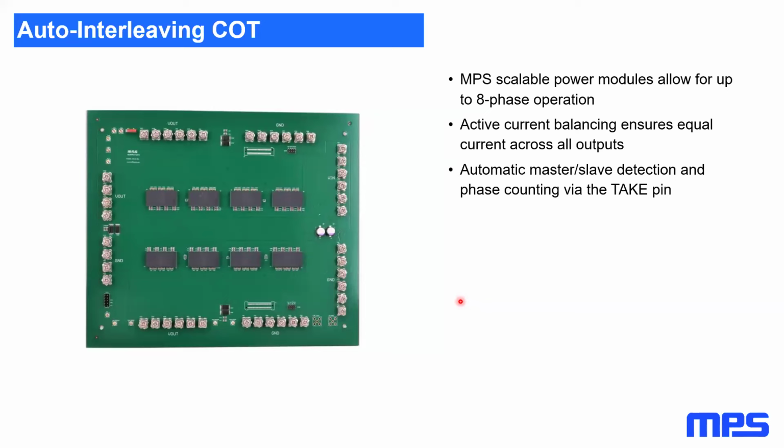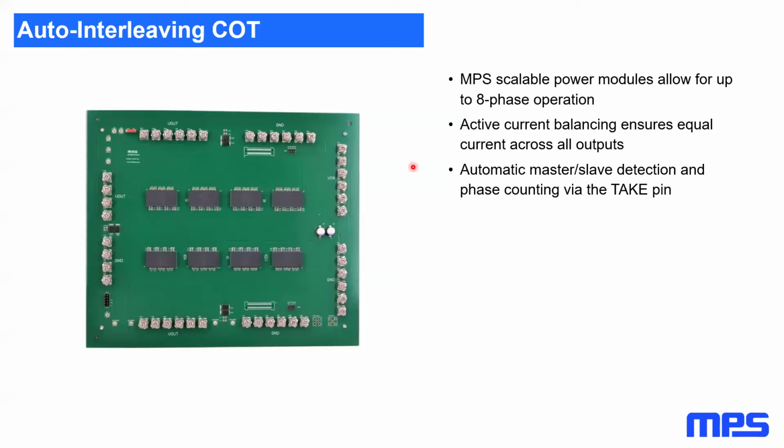For example, if we want to deliver 200 amps to the output and we're working with just 2 of these modules, we want to make sure that each one is delivering 100 amps and not one delivering 50 and the other 150, because that could potentially lead to failure of the device. So that's why MPS modules have active current balancing.